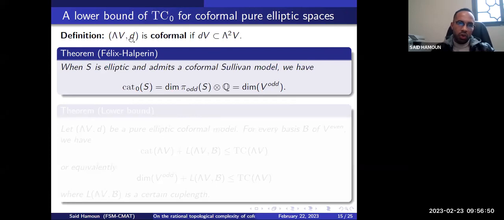And here we will see a lower bound of the rational topological complexity for coformal elliptic spaces.